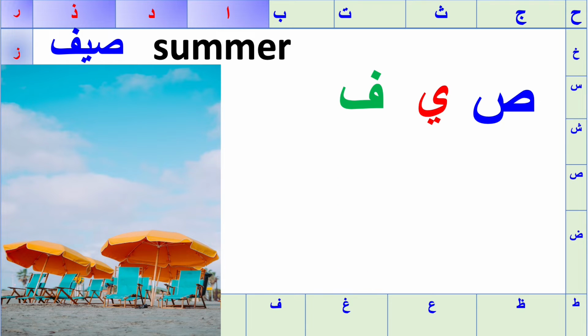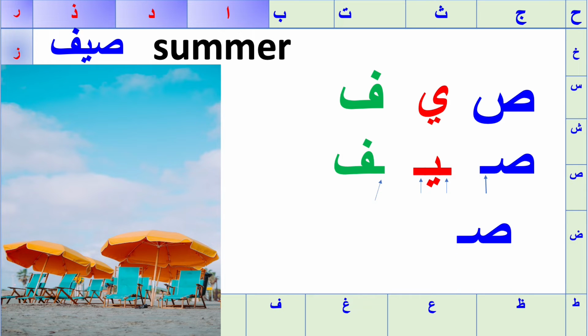The Saad will extend to the left so that it connects with the Ya. The Ya can extend to the right and left to join the Saad and the Fa. The Fa will only extend to the right. So we get saif. The written form will look like this: saif.